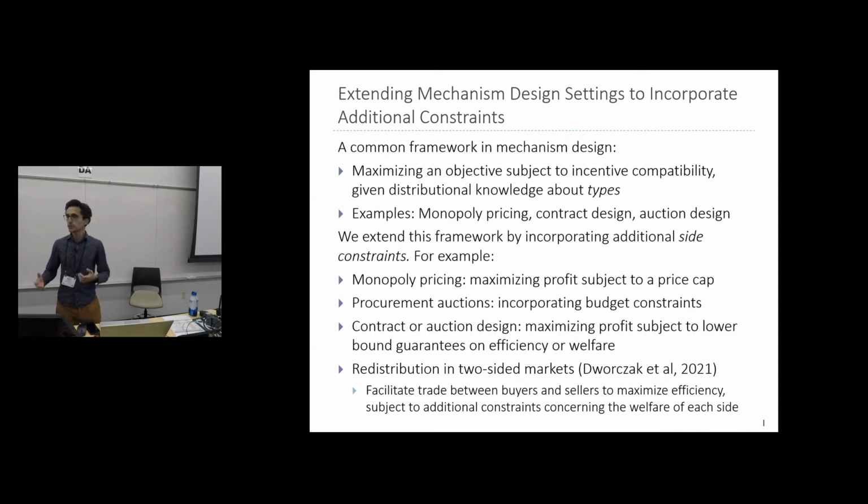So what we do is set up a general framework that captures these applications. And we also study how much each additional constraint can complicate the structure of optimal mechanisms. The observation generally is that one additional constraint does not complicate the structure of optimal mechanisms much.